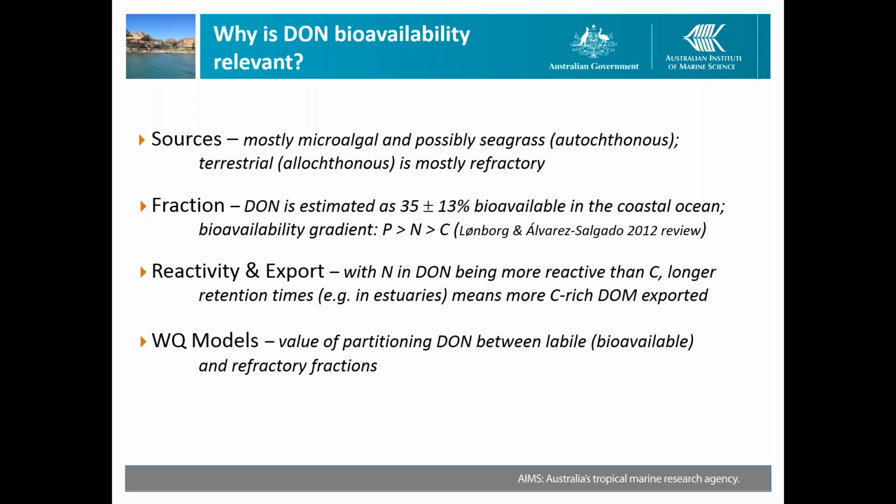Water quality models benefit from partitioning of dissolved organic nitrogen between labile and refractory forms. This requires a straightforward observational or analytical experimental approach to partition the DON effectively between these two forms.